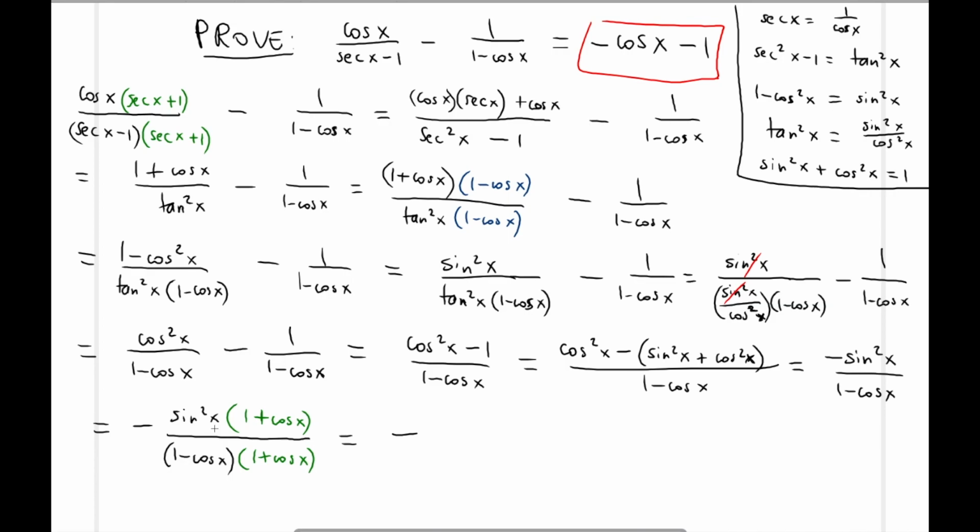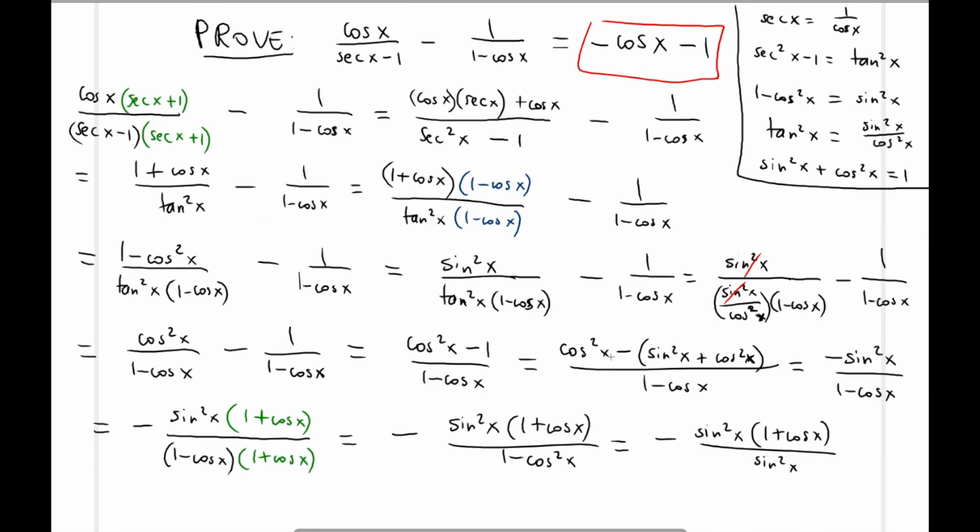Let's actually leave that alone for now. Let's have sine squared x, and on the bottom, I'm going to have, and also not to forget, 1 plus cosine x, and on the bottom, I'm going to have 1 minus cosine squared, right? And now we can use this identity, which is equal to sine squared x at the bottom. So we're going to have this 1 plus cosine over sine squared.